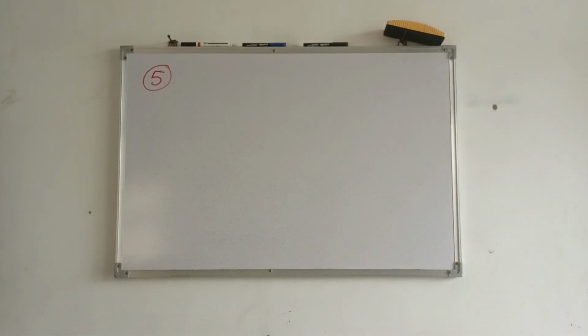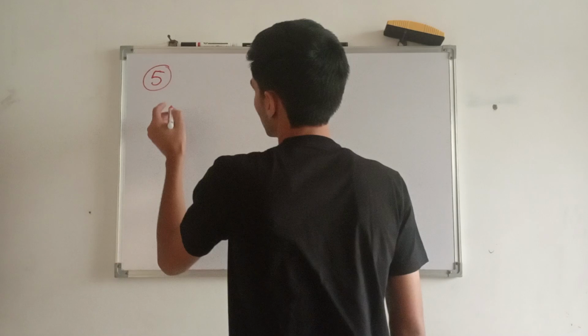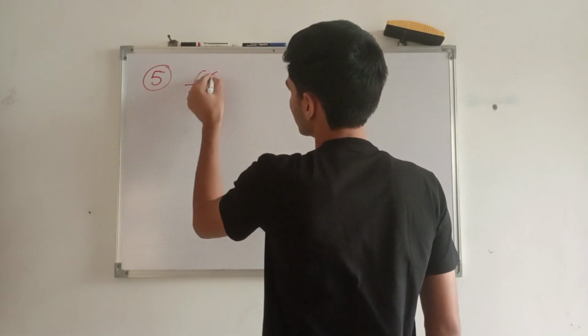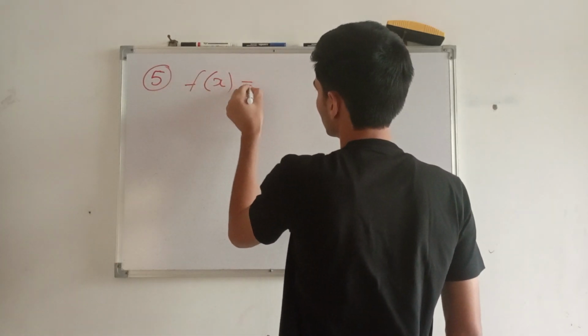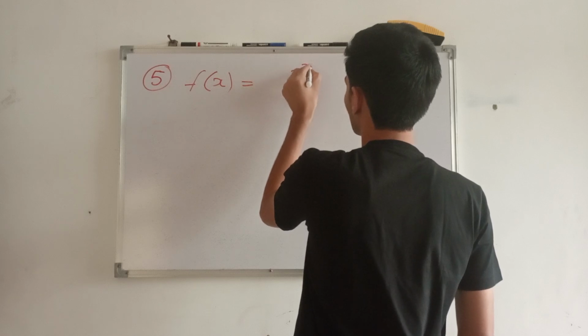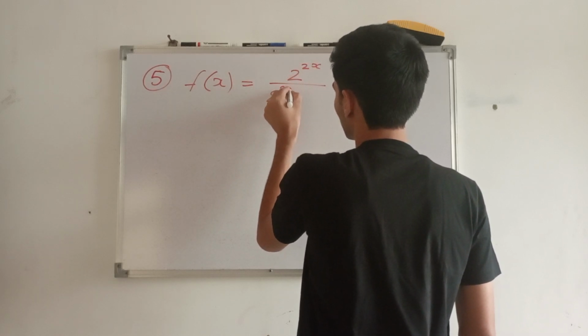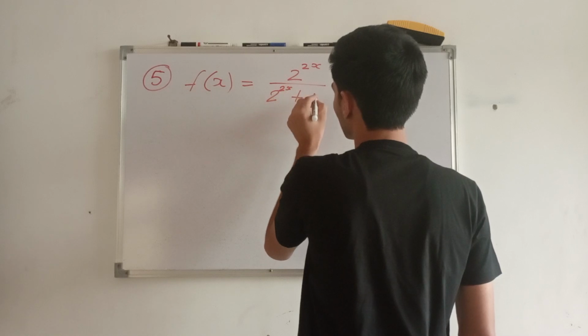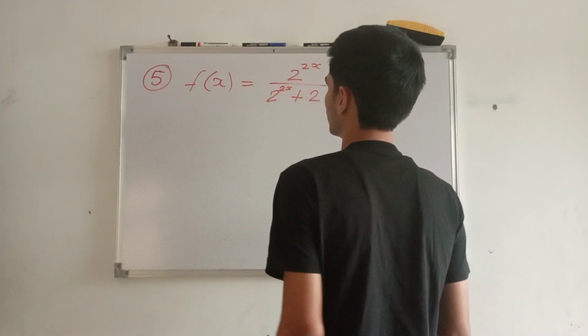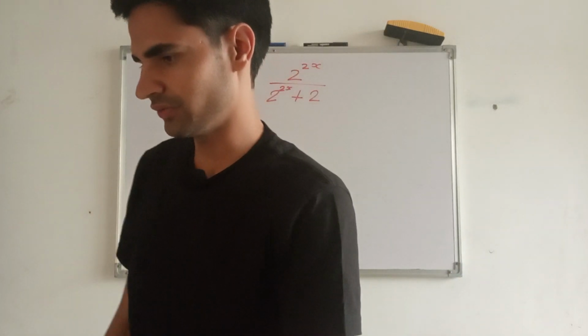f(x) is equal to 2 to the power 2x upon 2 to the power 2x plus 2. This is the given function f(x).